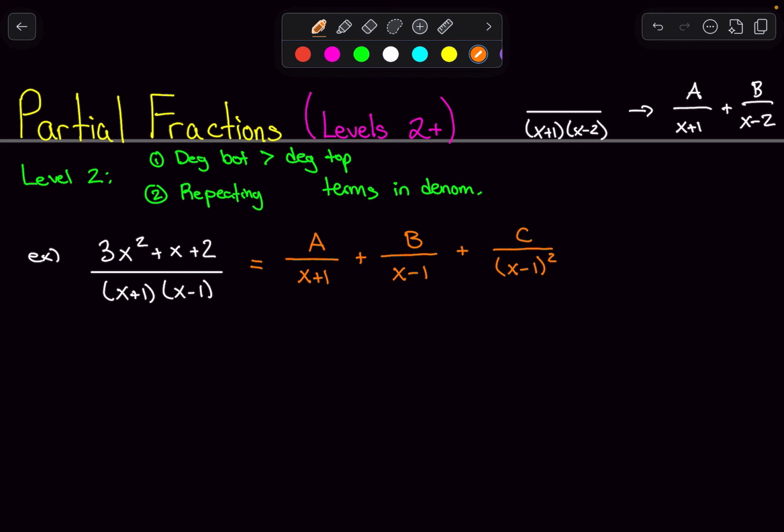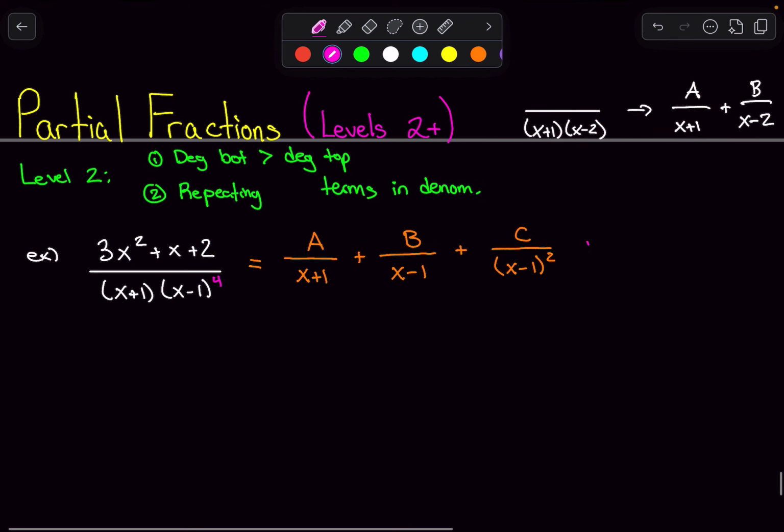If I had replaced this 2 with a 4, then there would be a plus c over x minus 1 squared, a d over x minus 1 cubed, and then an e over x minus 1 to the fourth, and then we would stop. Now, again, there are reasons for this. There are slight variations for doing partial fraction decomposition for something like this, but this is the way that I'm going to roll with for this particular problem.